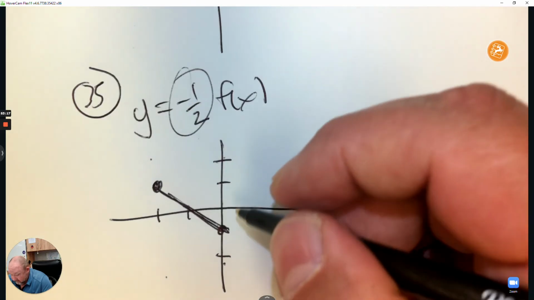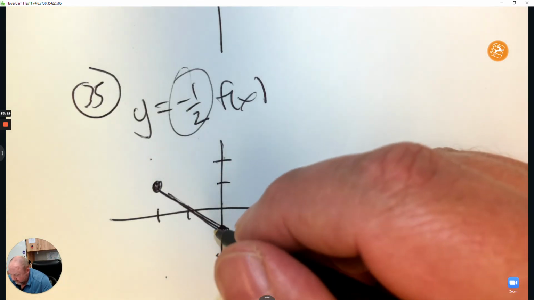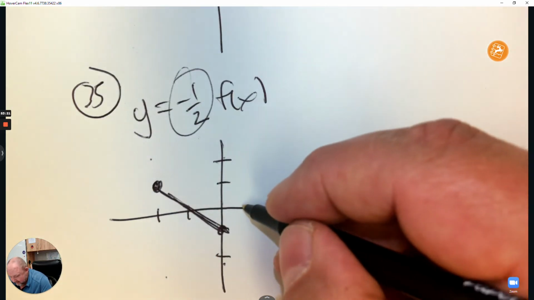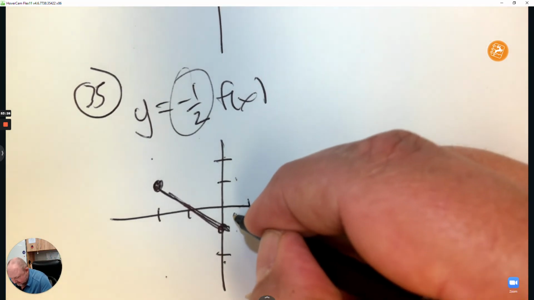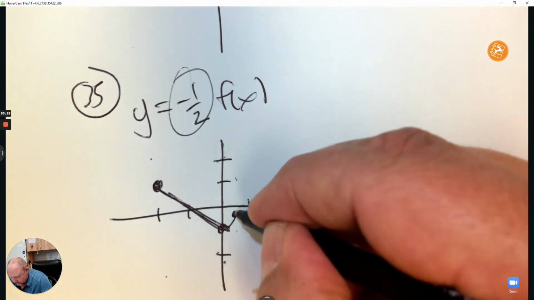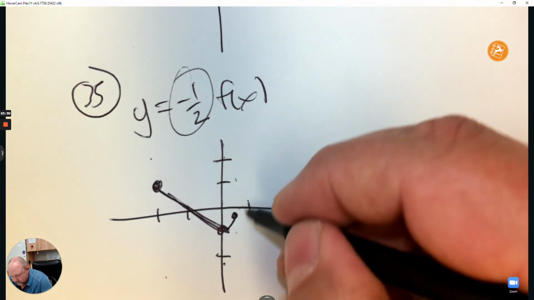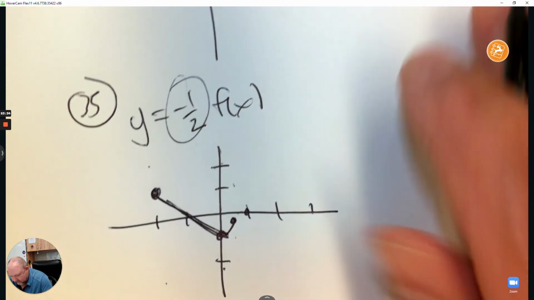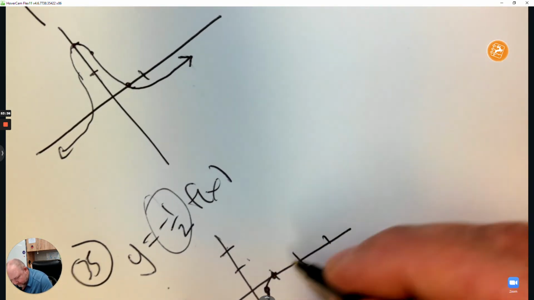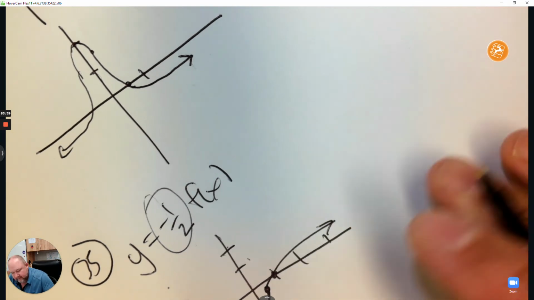The point of inflection is at 1/2 and 1, reflect, and then half. Can't reflect, half, nothing, so it stays right there. And then there, that's what it looks like.